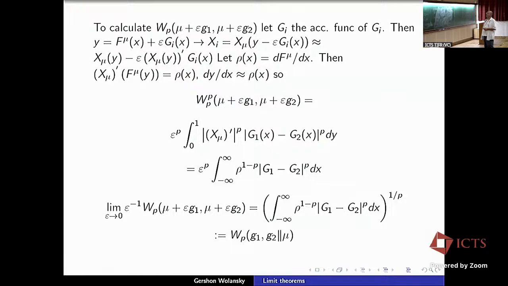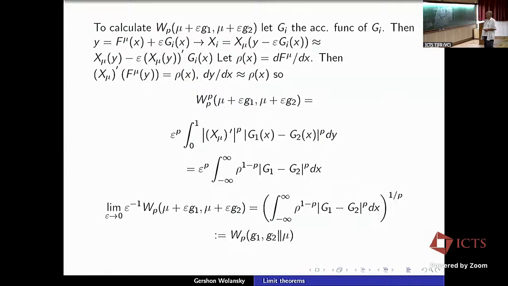So if we change variable, we get that this W_p is actually equal to epsilon to the power p times the integral of the derivative of the inverse accumulation to the power p times the p-th power of the difference of the accumulation function of g.